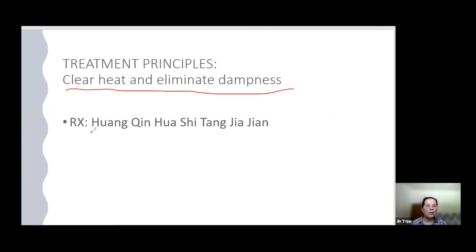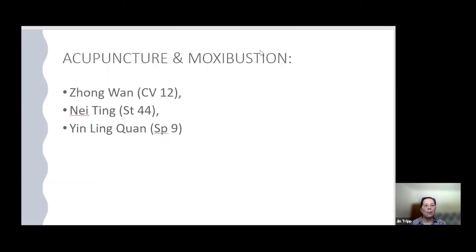The formula we use is Huang Qin Hua Shi Tang modified. Huang Qin clears heat herb. Hua Shi still clears heat and also promotes urination, removing some dampness. So that's basically the formula for this pattern.